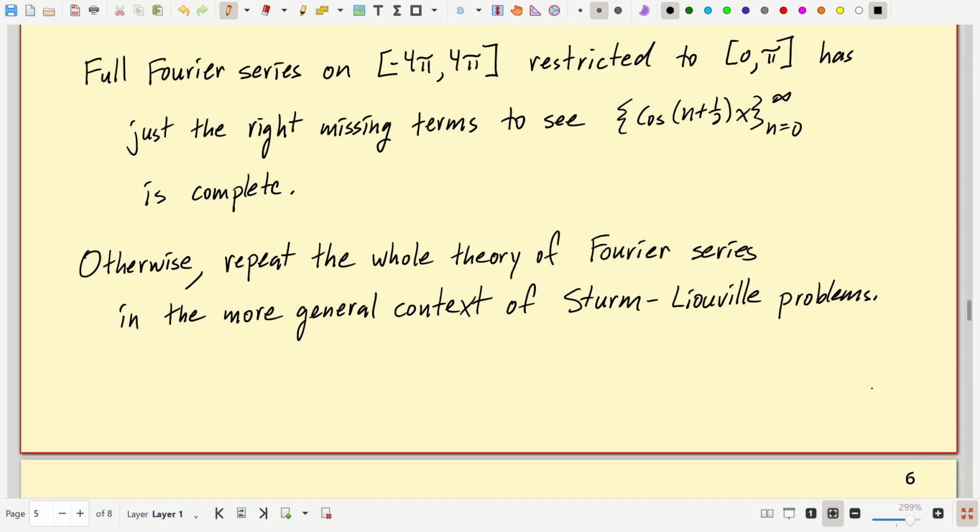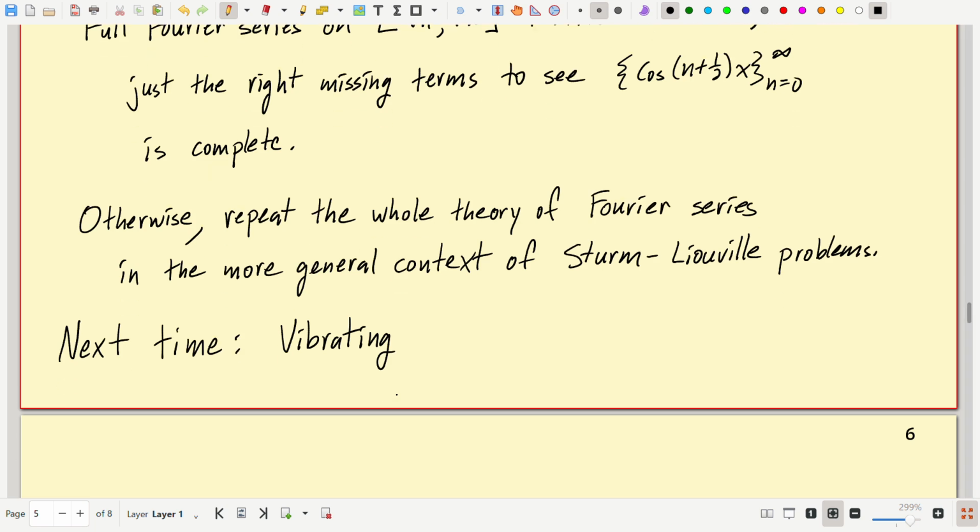But next time I want to do one last famous example to show where Bessel functions come into the whole business. I want to do the vibrating circular drumhead, which is pretty interesting. And we're going to get Bessel functions which are orthogonal. I'm not going to dwell on the technical parts of it. I just want to show you where they come from.